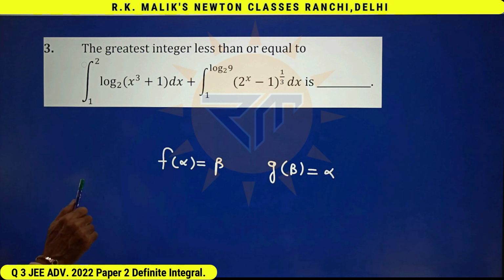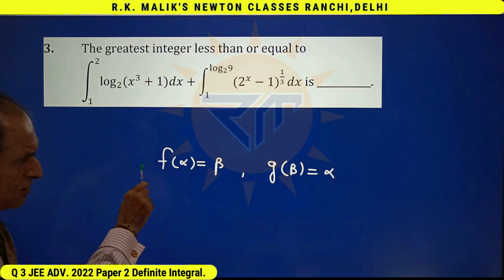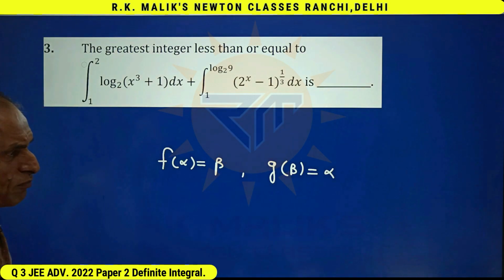Note that for f and g to be called inverse functions, both these things must be true for all values of alpha and beta in their respective domain.